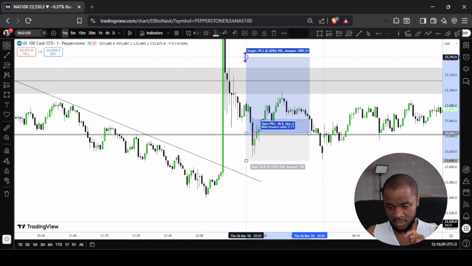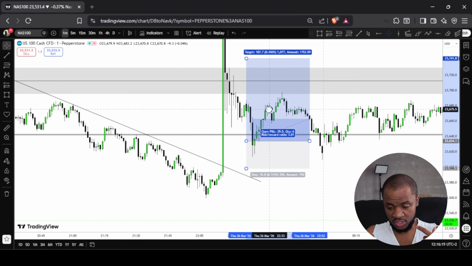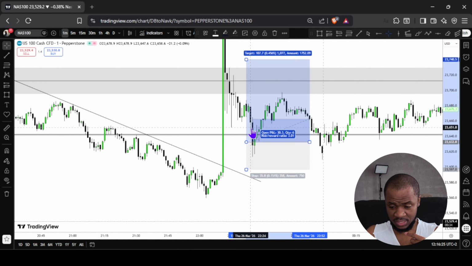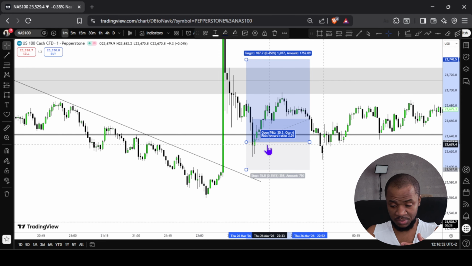And then the market came back and triggered my trade. Unfortunately, it gave a slippage, so it triggered somewhere below here, because this minute's move was very quick.